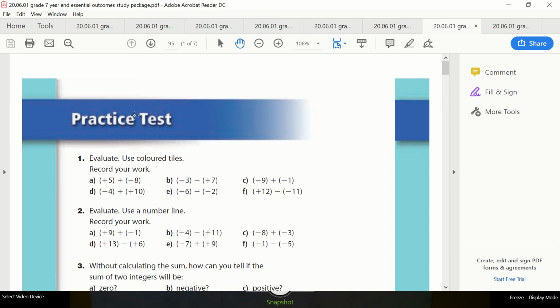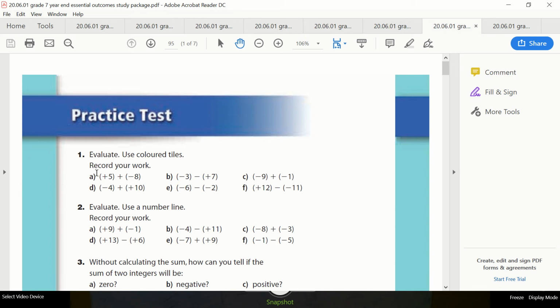The first says evaluate using colored tiles. So by evaluate, we of course mean to solve. It says we've got plus 5 right here, plus minus 8. So let's look at plus 5, plus minus 8.